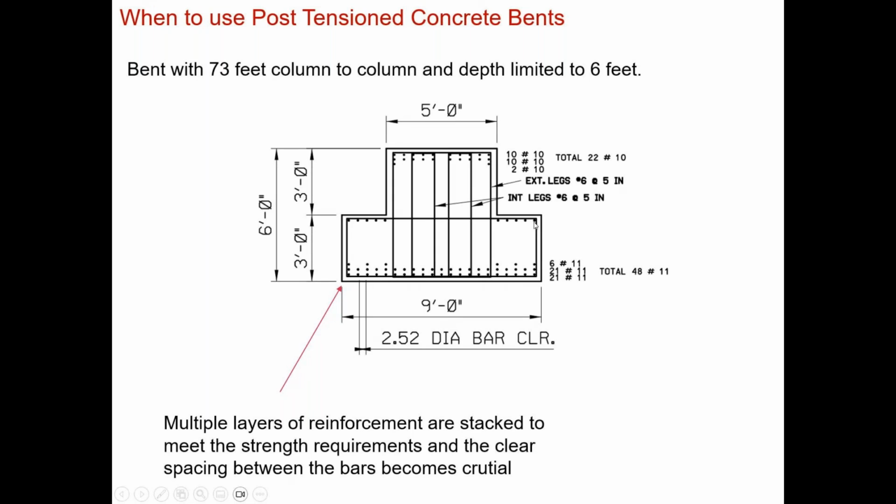You are likely to end up stacking multiple layers of reinforcement at the bottom of the bent just to meet the flexural strength requirements. And not only this, you can even look at the practicality of stacking these bars and ending up with a clear spacing from bar to bar that is not even satisfying the code, or even if satisfying the requirement of the code, it's not practical to cast the bent with all this congested reinforcement in it, and you risk having honeycombs or deterioration in the concrete because of the congested reinforcement.